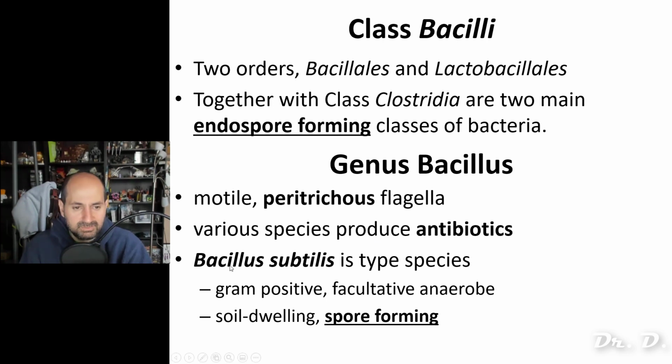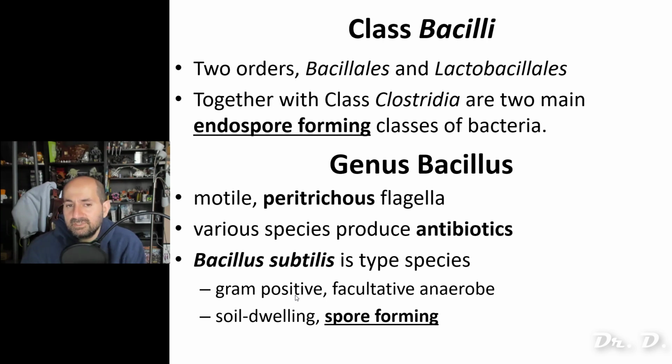Okay, so for example, Bacillus subtilis is an example of a Bacillus bacterium. It's an endospore former, soil dweller. And again, you should be aware that Bacillus are quite hardy little guys. Not only can they form an endospore if the going gets tough, let's say the environment gets harsh, Bacillus can form endospores to ride it out.